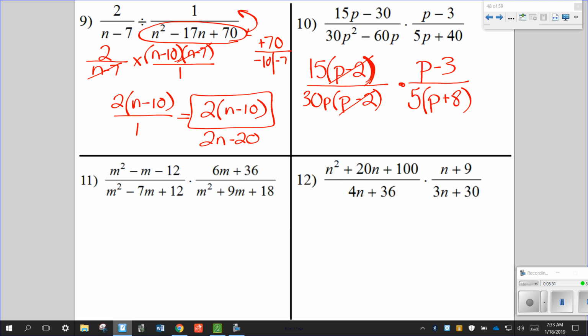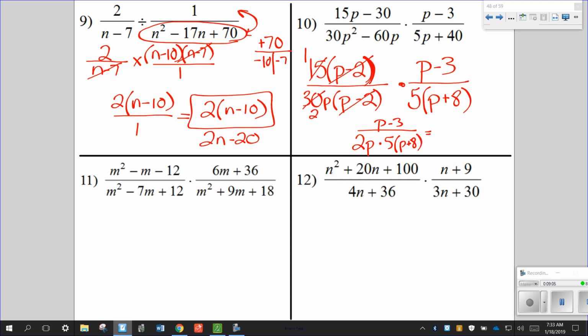Now, it doesn't really matter how you divide these things, but if you look at the very beginning, we have a 15 and a 30. Those are both divisible by 15. So 15 divided by 15 is 1, and 30 divided by 15 is 2. And so we're left with only the p minus 3 in the numerator, and then we have a 2p over here times 5 times p plus 8.